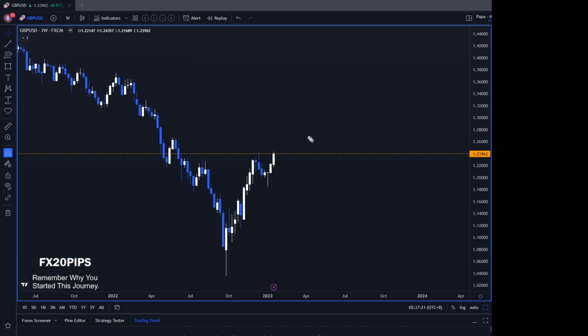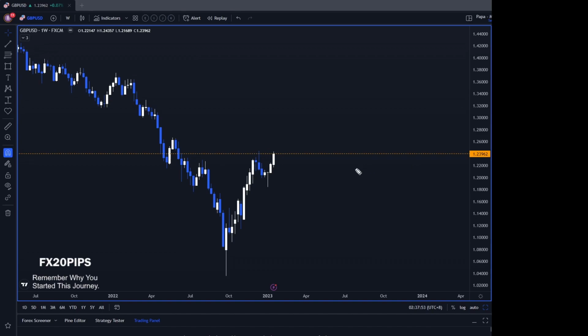Now, the thing we have to take note of is the rejection week of this area. Then we have a strong bullish follow through, and then another strong bullish follow through candle, and we are now at this double top area that I highlighted there.